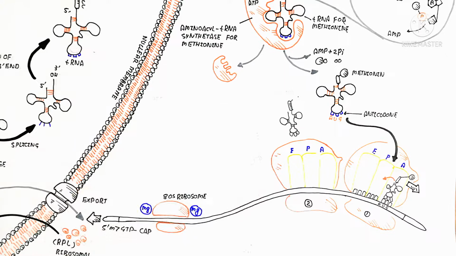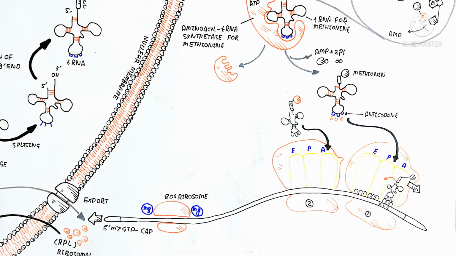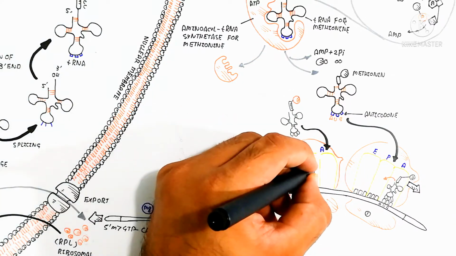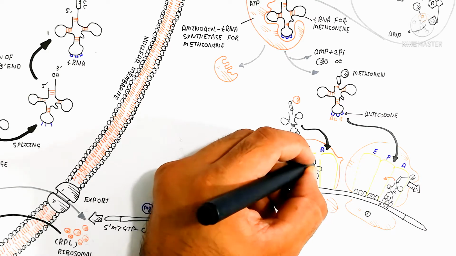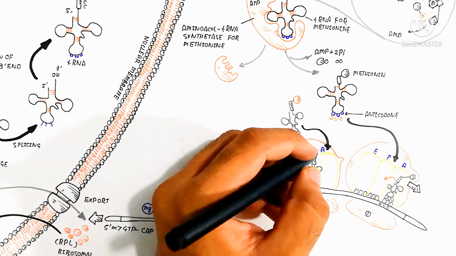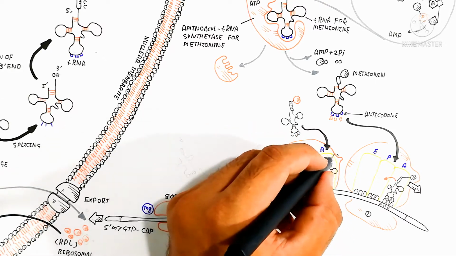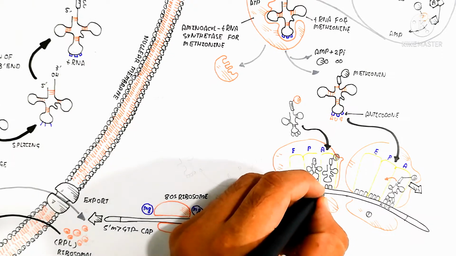So you can see after the further process, another transfer RNA will bind with another codon with its anticodon. So it means here is number 2, and you can see here the methionine-containing transfer RNA will be here, and then here is the second diagram to understand.